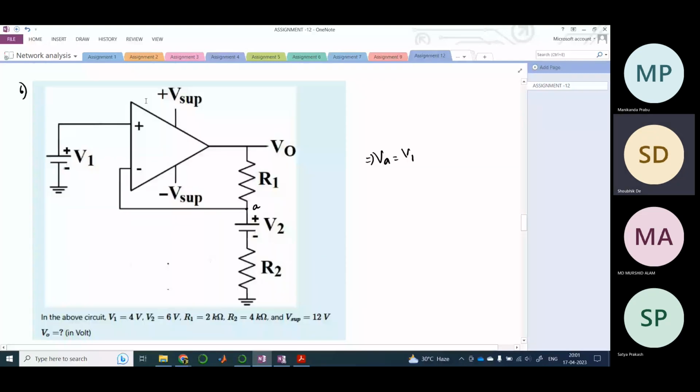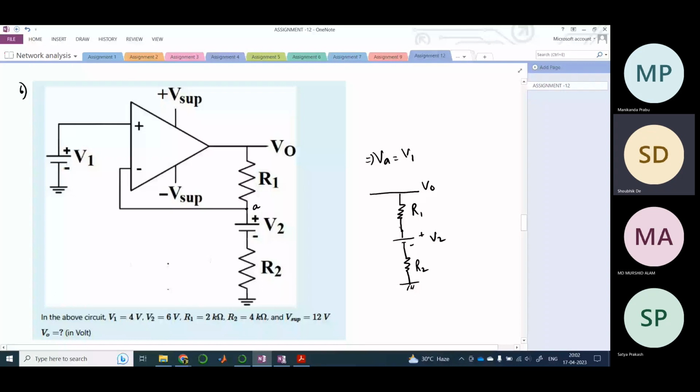Therefore, we can totally ignore this part and redraw the circuit like this. Here this is V0, this is R1, this is V2, this is R2. This is V1, R1, this is V2.